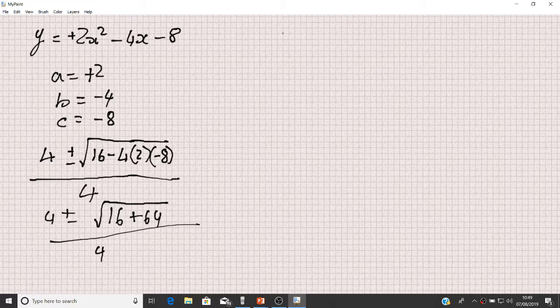And I'll just come up to the other side of the page for the further simplification. So we've got 4 plus or minus root 80, all over 4. Now, root 80 we can simplify again. 16 times 5 is 80, so it'll be plus or minus 4 root 5, all over 4.